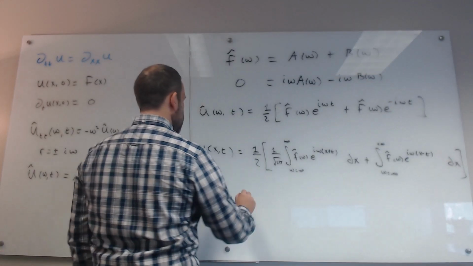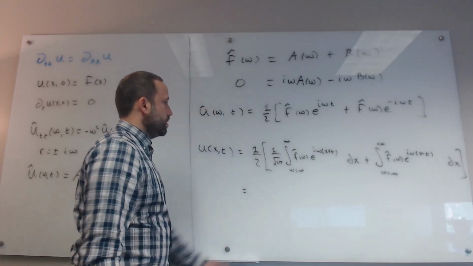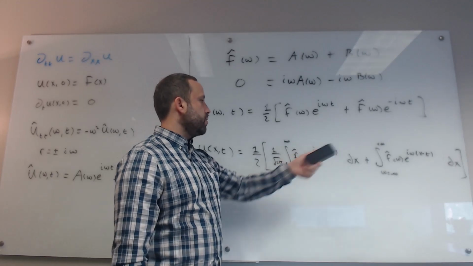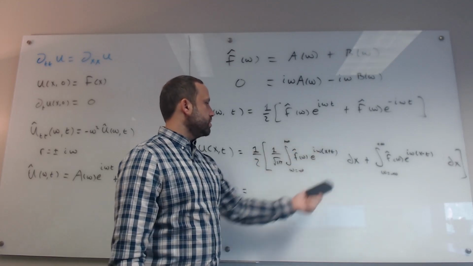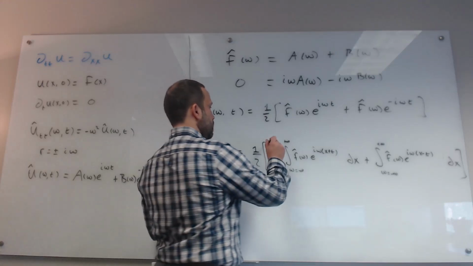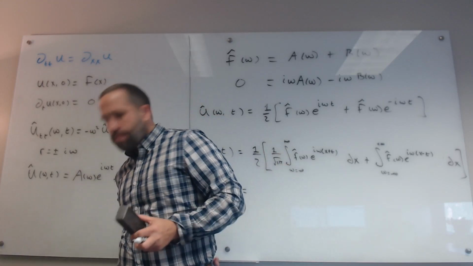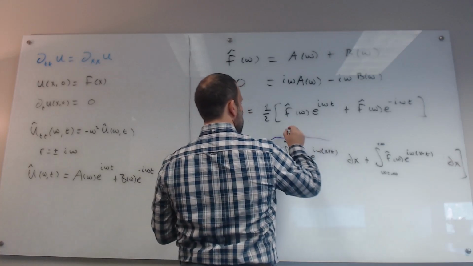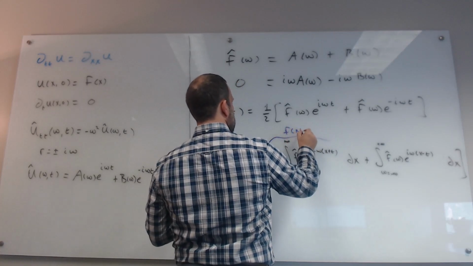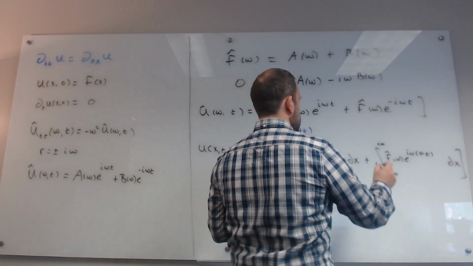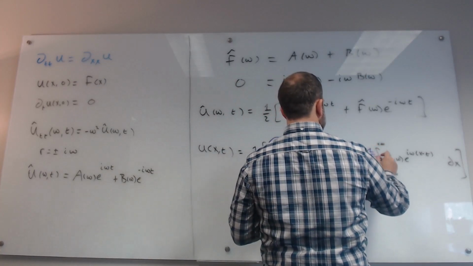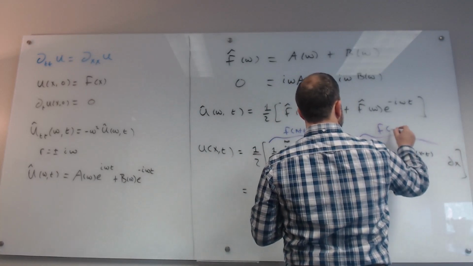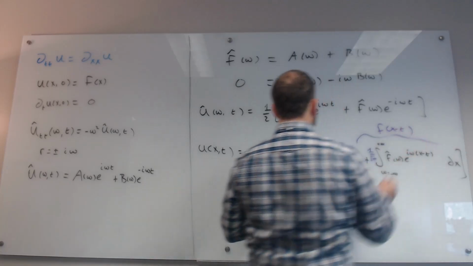Okay, so what's happening here? Well, this is just the inverse Fourier transform of f hat, but evaluated at x plus t. In other words, this whole thing here is f of x plus t, and I forgot my 1 over the square root of 2 pi here, but this whole thing here is f of x minus t.